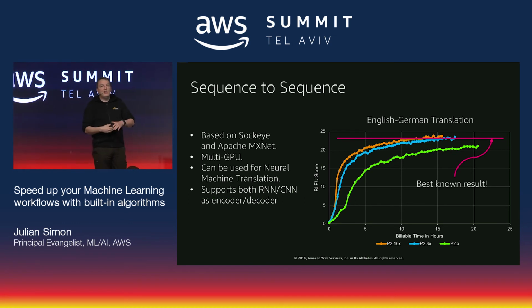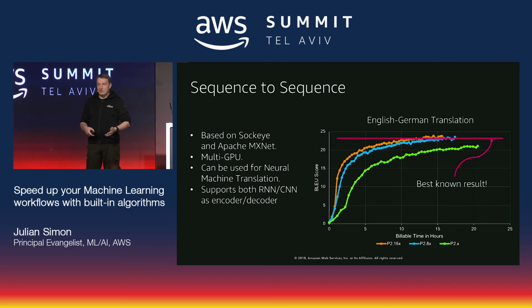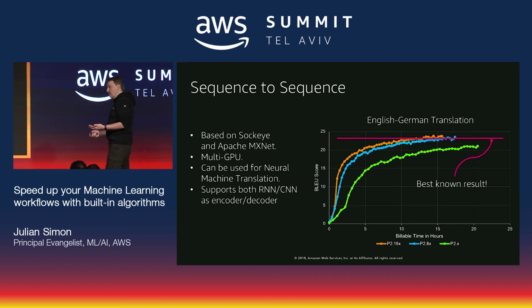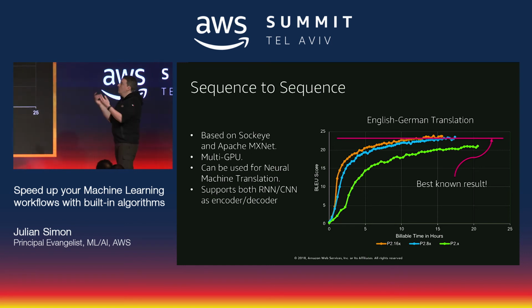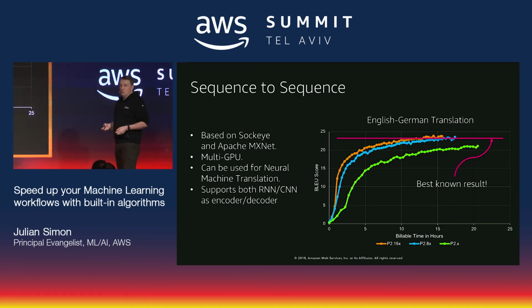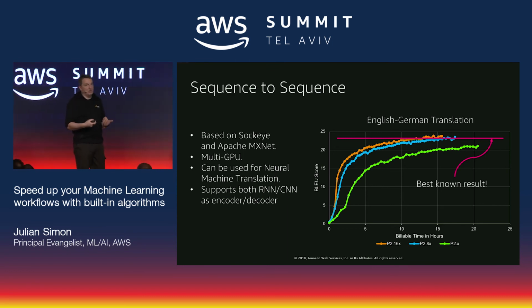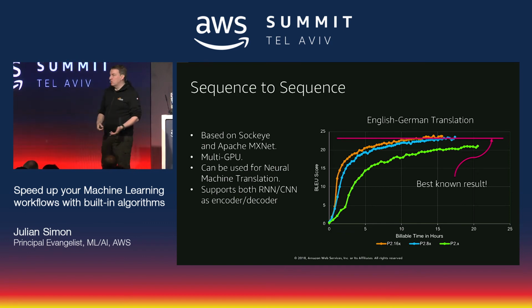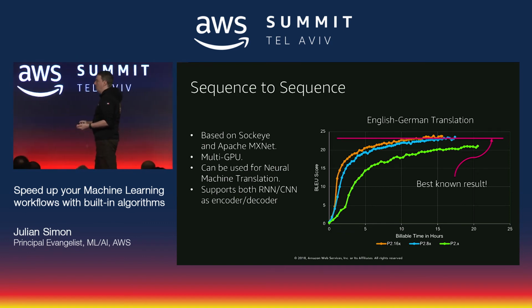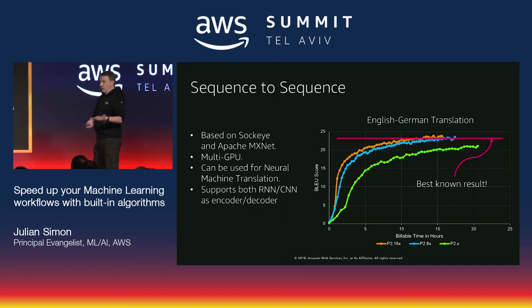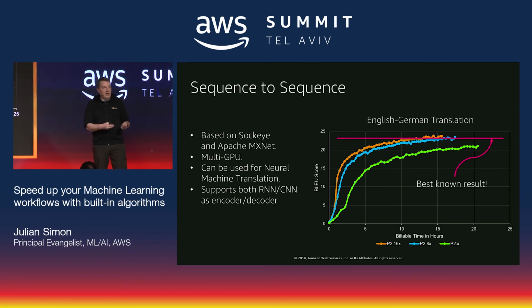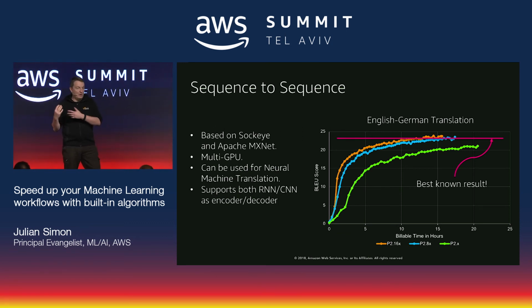So if you wanted to translate, let's say Hebrew to Russian, which is not available inside of Amazon Translate for now, you could probably try to build a model using sequence to sequence on Amazon SageMaker, or you could grab the Sockeye open source project if you didn't want to use an AWS service, and you could run Sockeye even on your own machines and train your model. This is based on Sockeye, and Amazon Translate is also based on this.